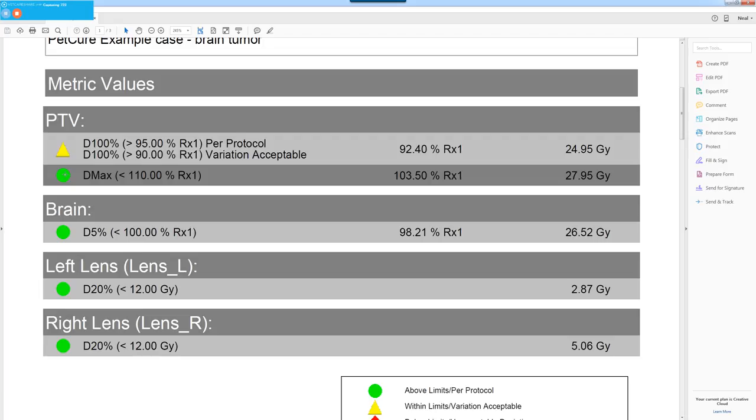From a patient perspective, it's almost always better to treat the tumor and realize that you may have to deal with some radiation side effects rather than back off on treating the tumor in an effort to spare. But for this particular plan, you can see that our tumor metrics, so the PTV metrics, are very good. We're happy with both of those.